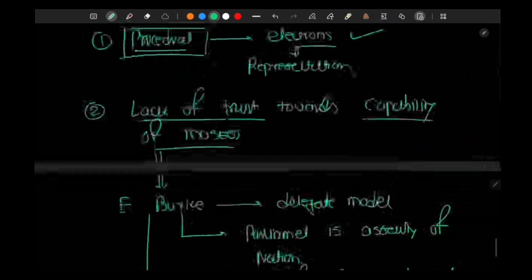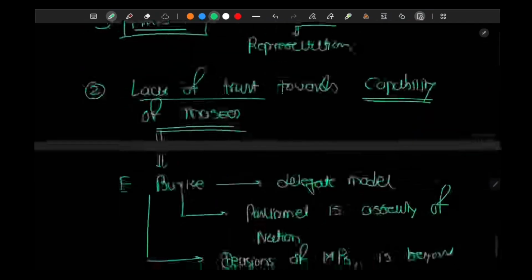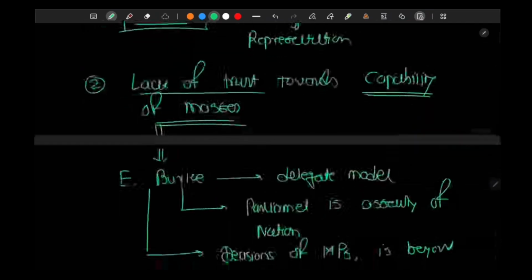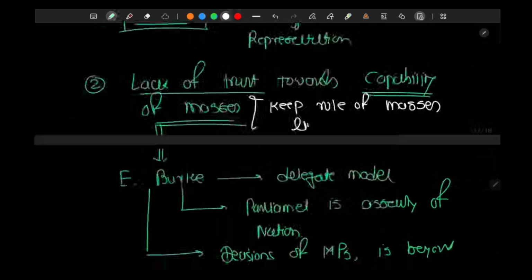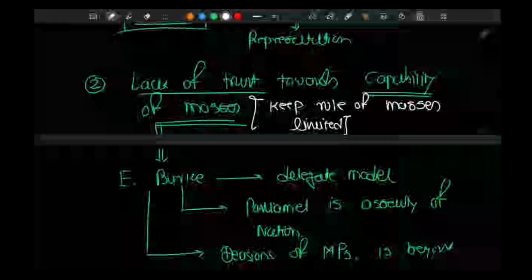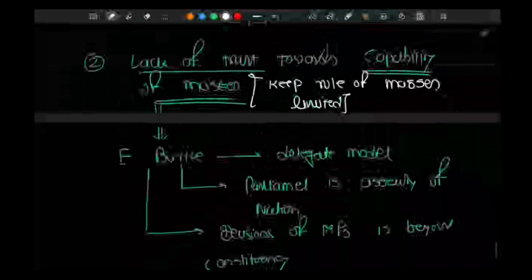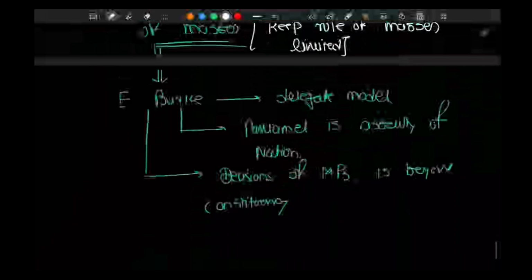There is a general lack of trust towards the cabinet. That is why all representative democracy scholars will keep the role of masses limited, only to election, only till aggregation, and everything else will be done by parliament. This distrust toward the capability of masses was further exemplified by Edmund Burke, who says the delegate model is wrong.